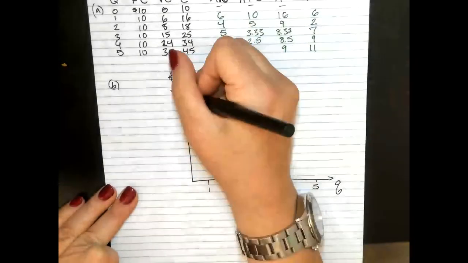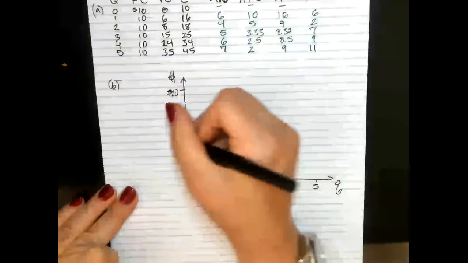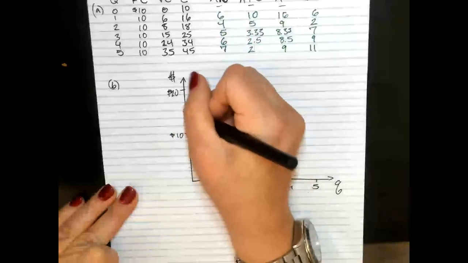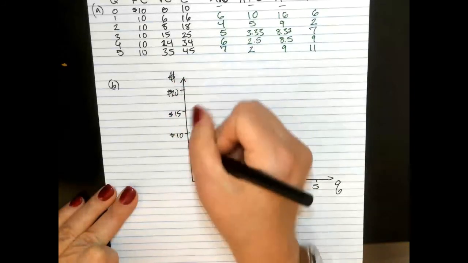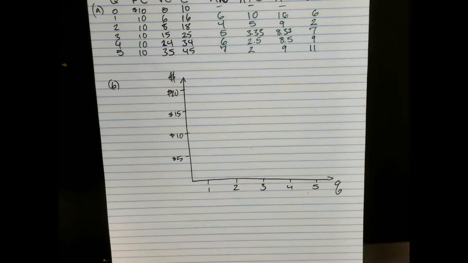And we top out at about $20. So let's say that's 10, that's 15, that's 5. Okay, and then let's start with average variable cost.